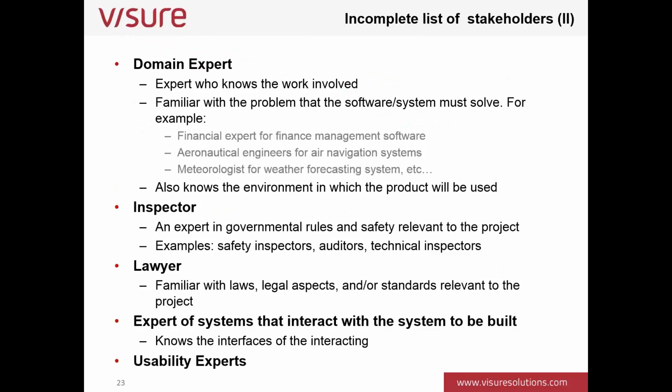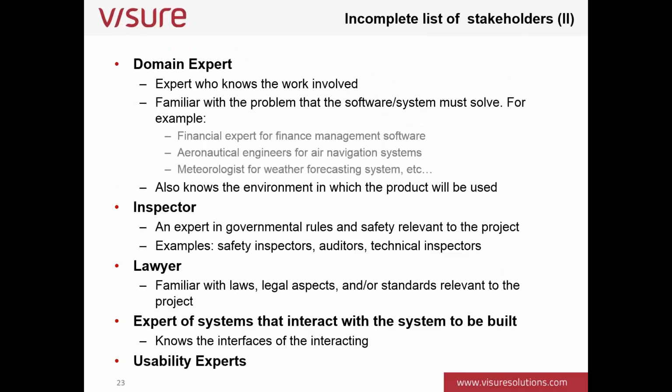It's a good recommendation to have a list of usual suspects for this, and also inside each one of those, for example inside the stakeholders, a list with the domain experts, the inspectors, the lawyers, in order to be sure that we are taking all of them into account when gathering requirements.